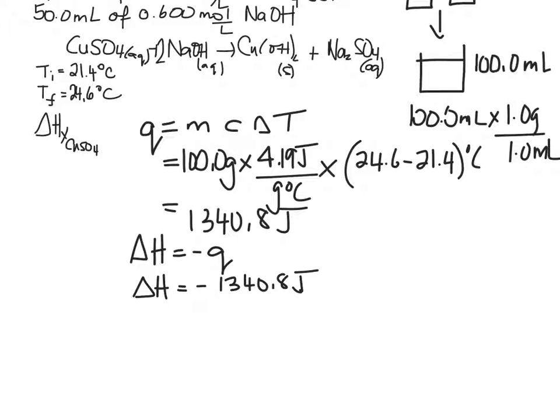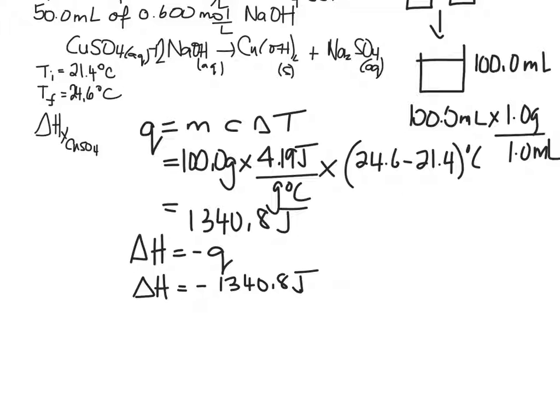And that makes sense. It's an exothermic reaction, and the temperature of our surroundings went up. So heat went from the reaction into the surroundings, and there's an increase in temperature.